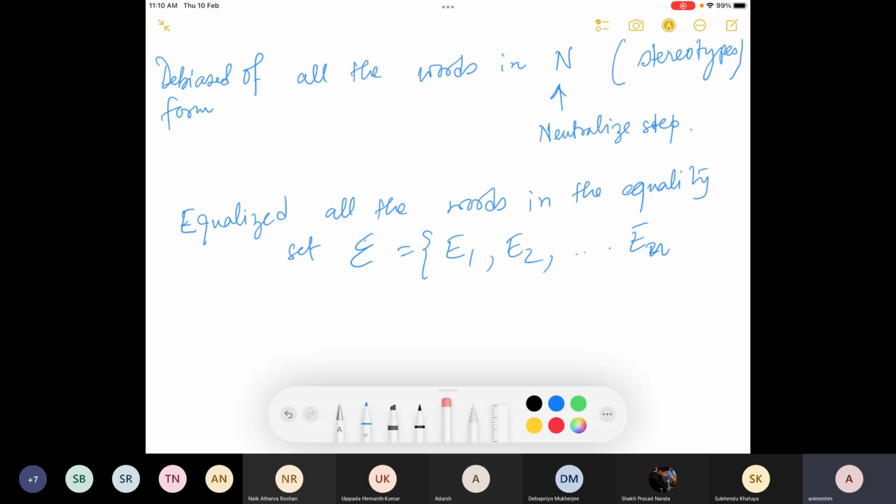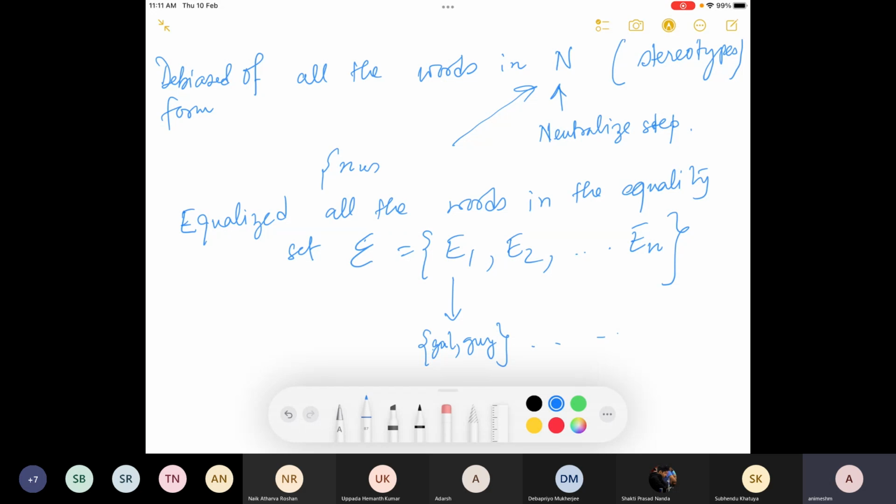So this is a set of sets. And to remind you, each of these equality sets could be like gal, guy, etc. And this stereotypical set is which should be ideally gender neutral.